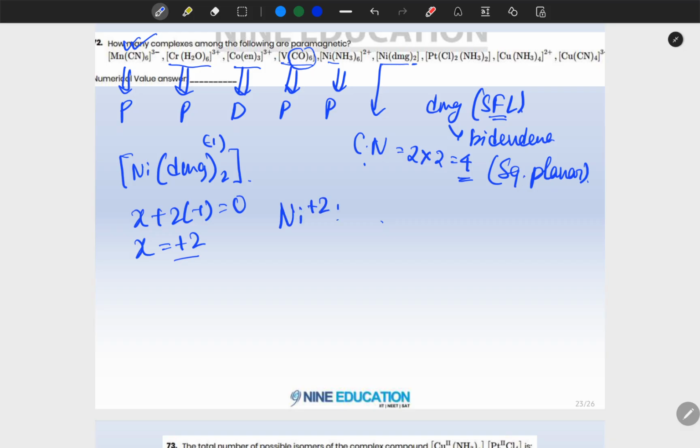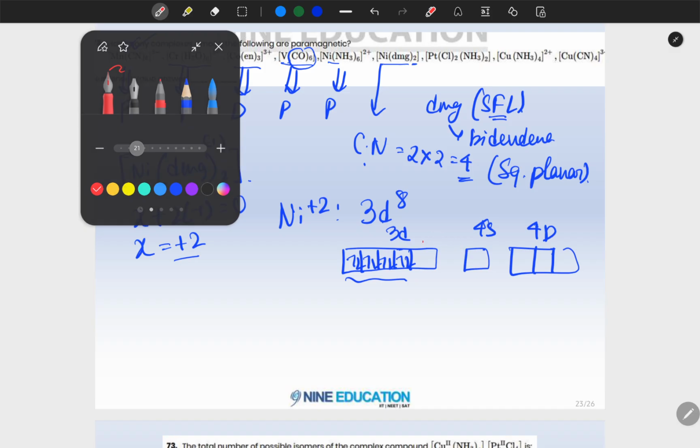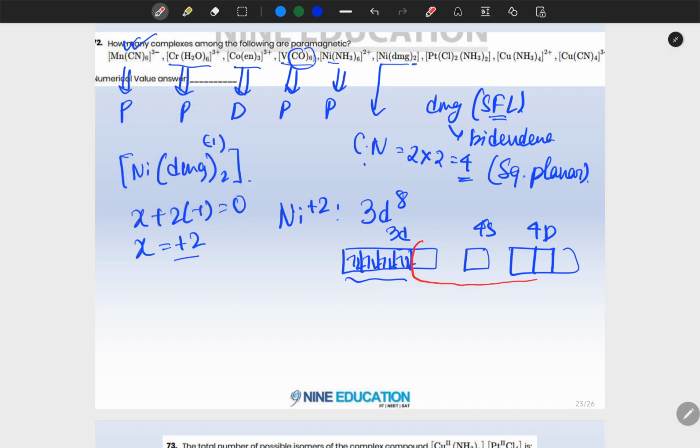What is the electronic configuration of nickel in +2 oxidation state? That will be 3d8. Since this complex is square planar, the hybridization of the complex should be dsp2, right? So this is 3d, 4s and 4p. So 1 2 3 4 5 6 7 8. All the electrons will get paired up, and the remaining d orbital along with 1 s and 2 p orbitals will combine to form the resulting complex.